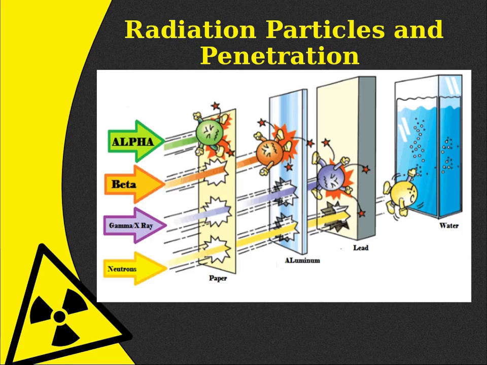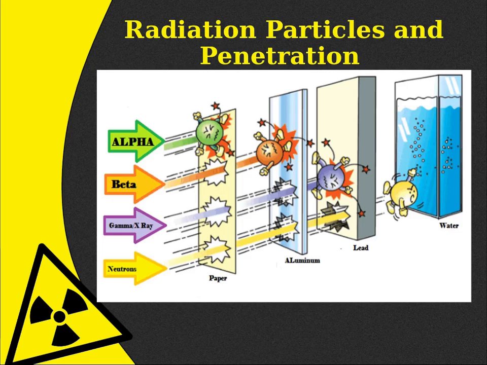Radiation particles and penetration. We have many types of radiation, as we said earlier. Gamma and X-ray are the same wave radiation, but not exactly coming from the same source. As we know, X-ray comes from the X-ray tube, and gamma ray is produced in unstable atoms.